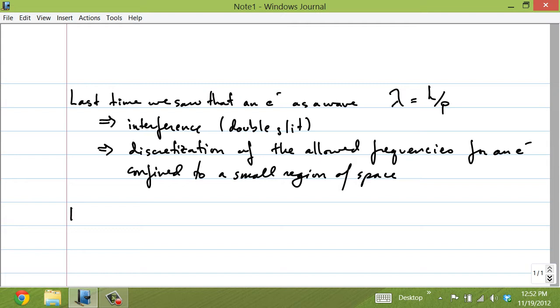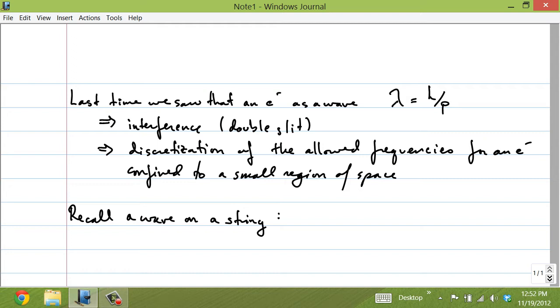So let us, before discussing the electron, recall the case of a wave on a string. Because I would like to make more quantitative this second statement that I have made about the discretization of the allowed frequencies.